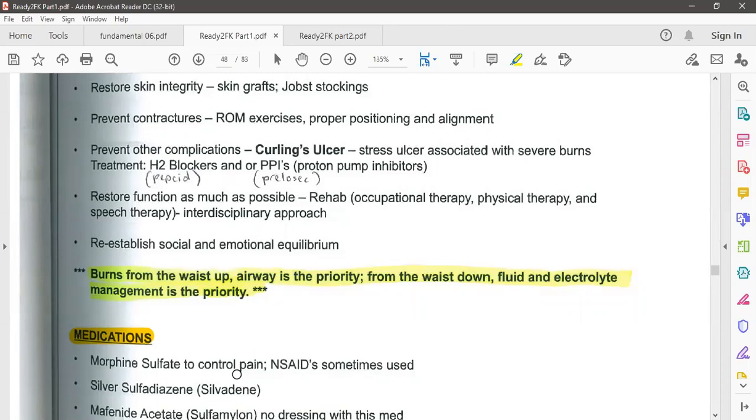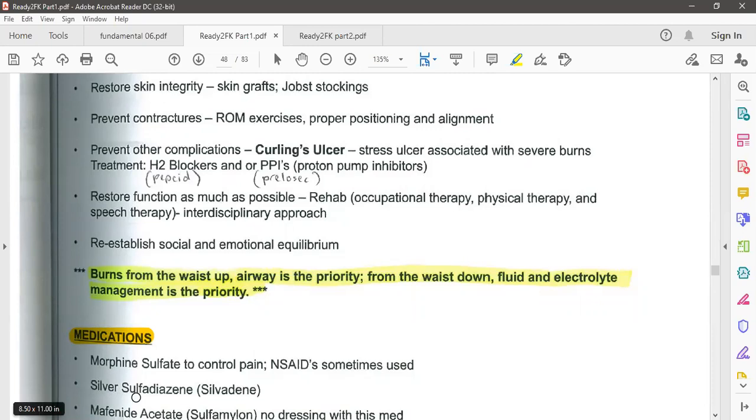Also, we should avoid intramuscular or subcutaneous injection. Let me recap: I said administer an IV opioid analgesic for pain management, and we must avoid intramuscular or subcutaneous injection. Important.